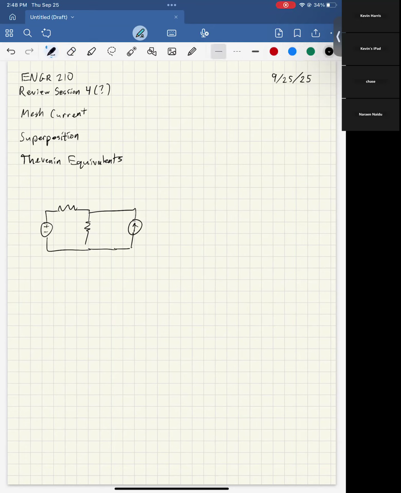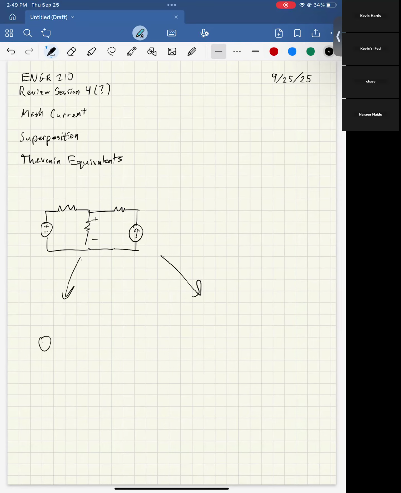So basically, let's say this circuit was bigger. I don't know, you had another resistor there. If you wanted to find the total voltage across this resistor, you could look at this circuit in two forms.